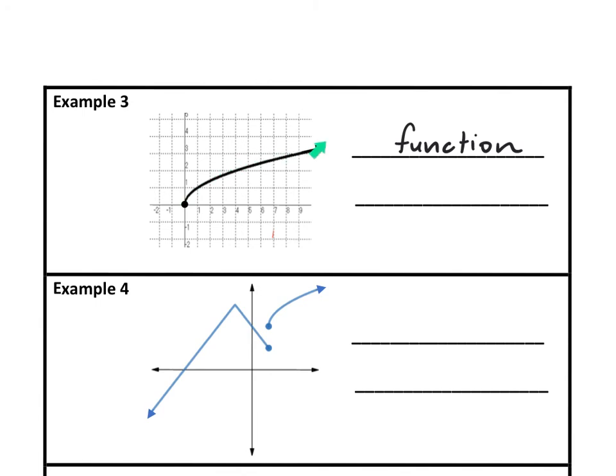Do I have to lift my pencil? No, right? I can draw it without lifting my pencil. There's no holes, there's no jumps, and there's no asymptotes. So it's safe to say that this graph is continuous.